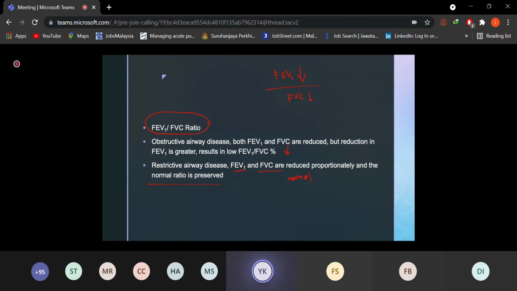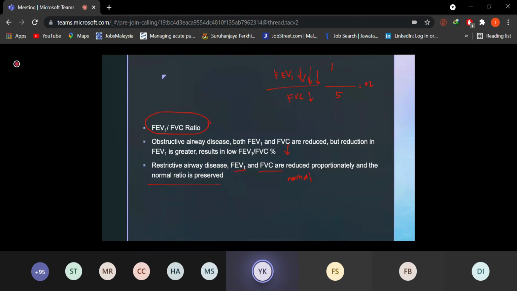For example, this one has a value of only 1, but this one is maybe 5. So what you get is 0.2. But in restrictive disease, both FEV1 and FVC are reduced, but proportionally.